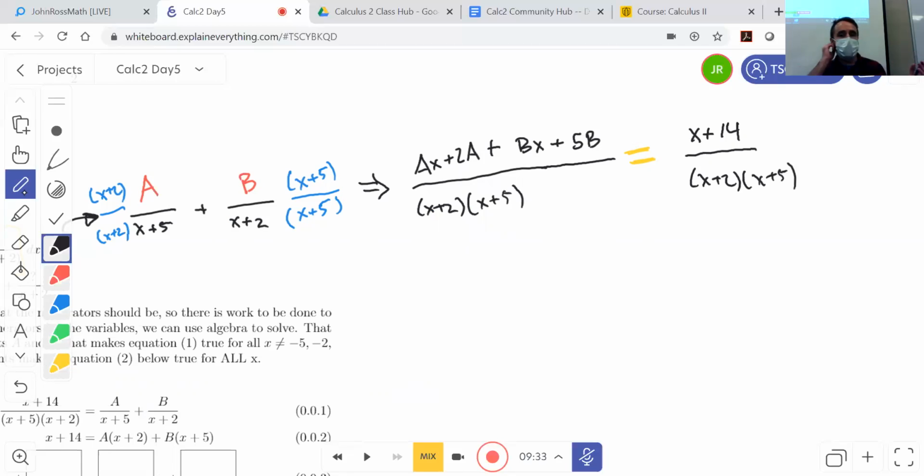And if we have these two things being equal to each other, right? Notice our common denominator here is the same as our common denominator right there. So if these two things are equal to each other, the numerators have to be equal to each other.